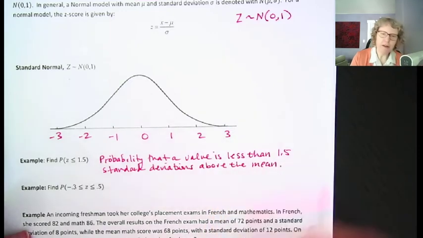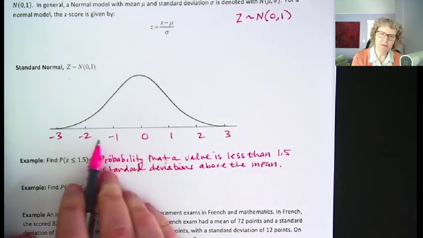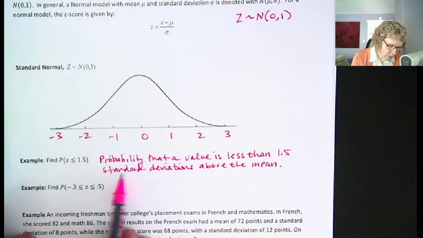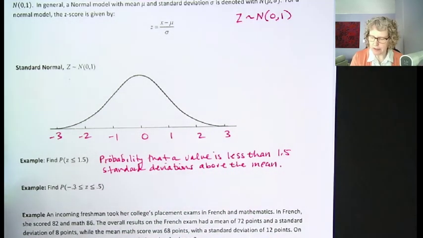I added the word above in there because that's important, because you could think 1.5 below or 1.5 above. What's the probability that's less than 1.5 standard deviations above its mean?